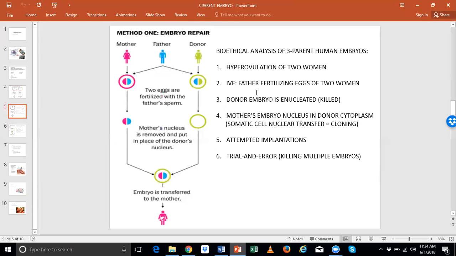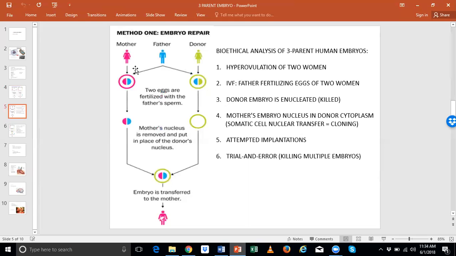But it doesn't stop there. It involves at least 2 steps of IVF, but the first one is the father is actually fertilizing the egg of his wife and the egg of a donor. So this is kind of cellular adultery going on here.